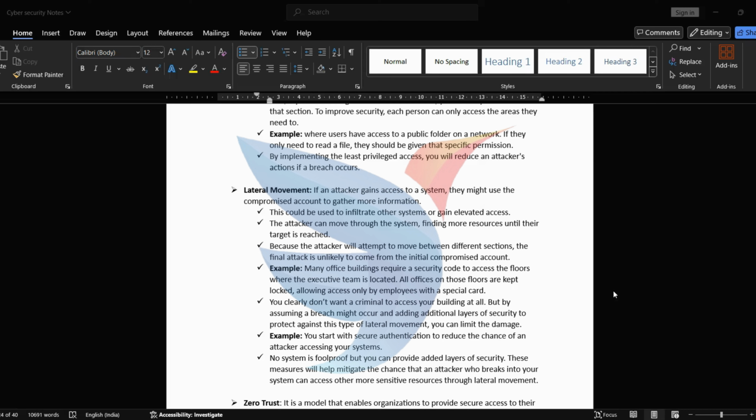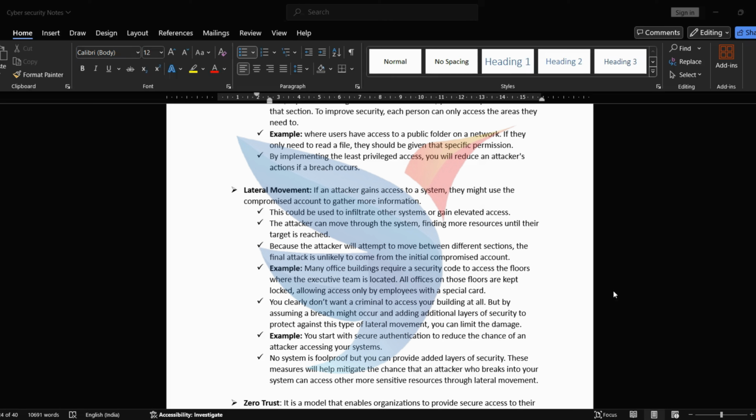You clearly don't want a criminal to access your building at all. But by assuming a breach might occur and adding additional layers of security to protect against this type of lateral movement, you can limit the damage.